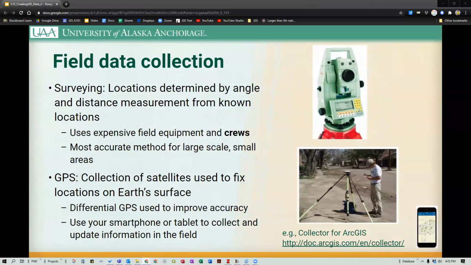So we talked a little bit about field data collection of survey data, vector data. We're not going to get into details in this class because there's a lot of survey offerings from the university, but essentially survey data can either be data that you've gone out and collected with conventional survey methods using angle and distance measurements, either from really basic survey tools or more advanced electronic survey tools, or using GPS.